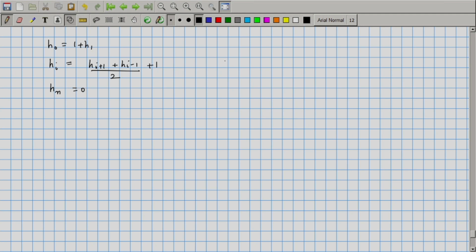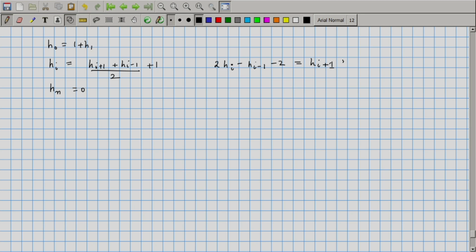So, this can be rewritten as 2Hi minus Hi minus 1 minus 2 is equal to Hi plus 1.